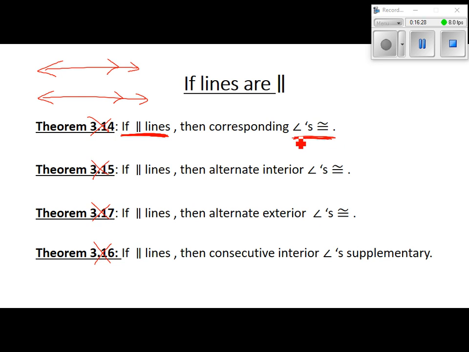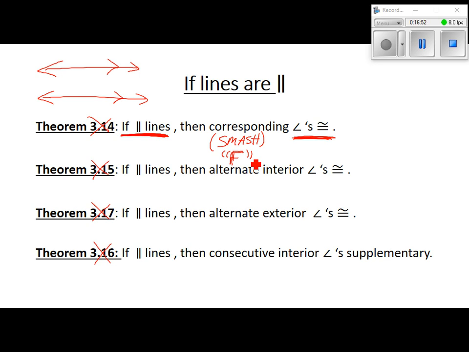So remember, with corresponding angles, we smash the lines together, and they sort of form an F when you smash those two lines together. So those angles have to be congruent, and we'll talk about them on the next few slides. Try to show them a little bit.